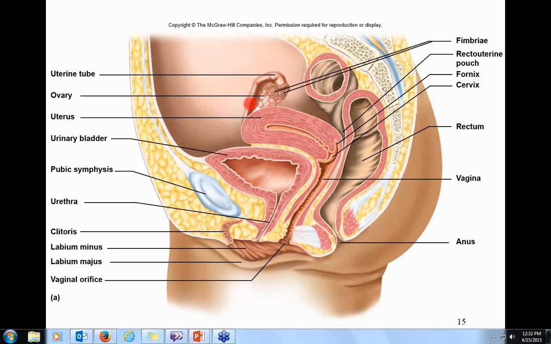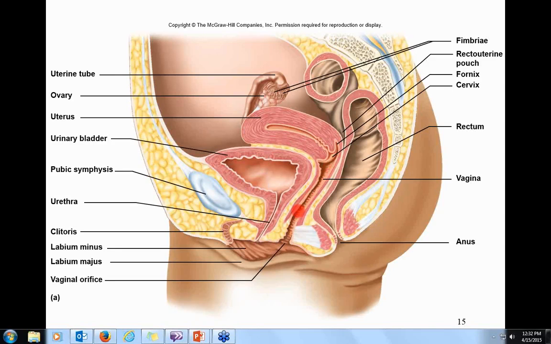The uterine tube is where fertilization might occur. This is also cut if a woman has her tubes tied. Here's the uterus. This is where the fertilized egg must implant. The opening of the uterus is called the cervix. This is what is tested with pap smears.